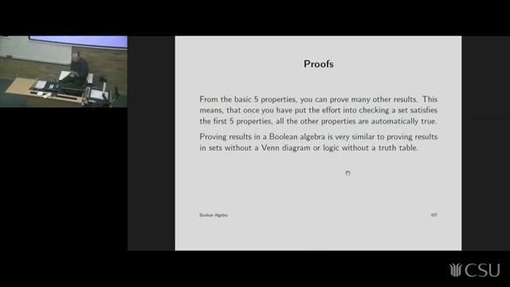Once you have those 5, then lots of other properties just follow from those. So once you match the pattern, then you've got lots of other results, like De Morgan's rule, for example, that comes free from that. And we've learned some of these already. We've seen them for sets and logic, but those apply in all situations. And so I want to show you how some of these other results follow from just the basic ones, to begin with, and then we'll look at how to use some of them.